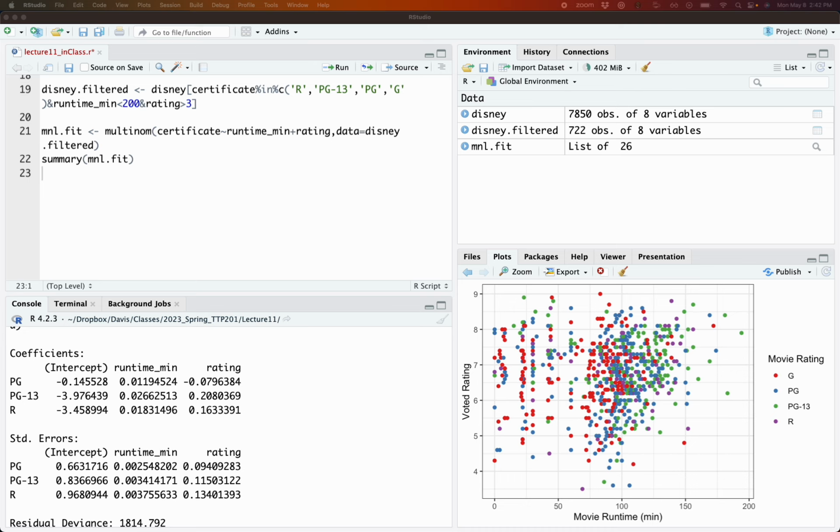Yes, it is the base level, and the reason why it is omitted is because this is the information that you would use to construct a probability curve, right? If I have 4 outcomes and 3 probability curves, I should be able to determine the probability curve of the last one, because it always sums up to 1, okay?